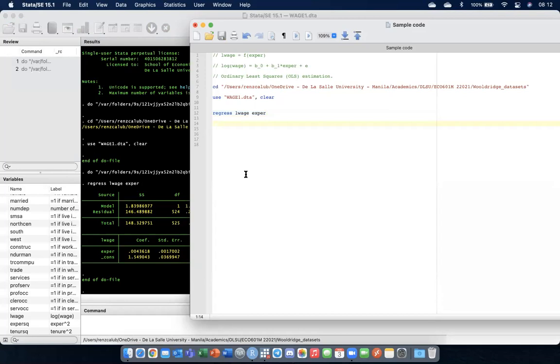So let's try to run twoway scatter lwage experience. And let's add another fitted line, lwage experience, just to ensure that we are looking at two graphs.